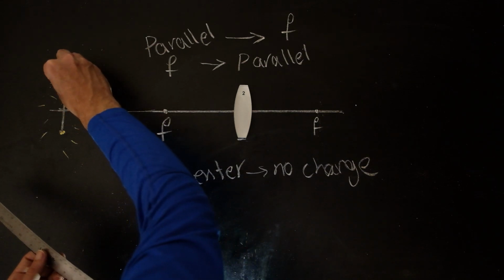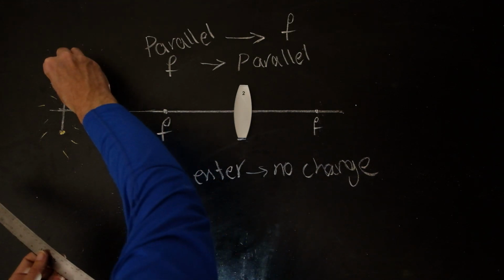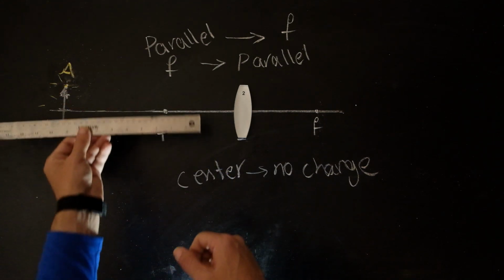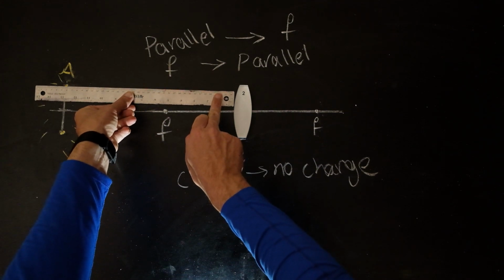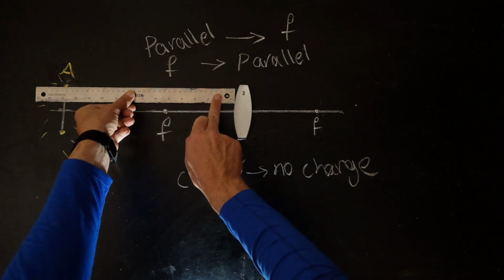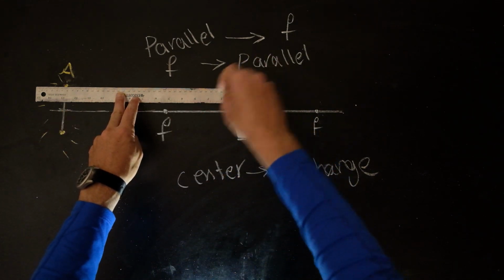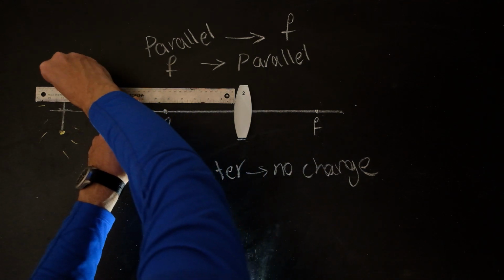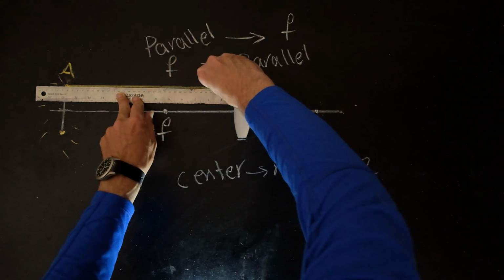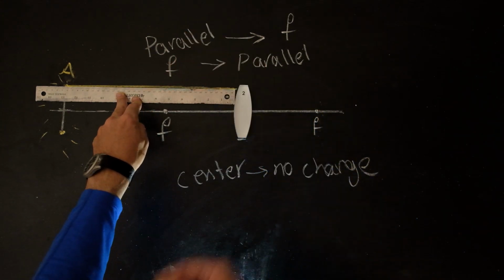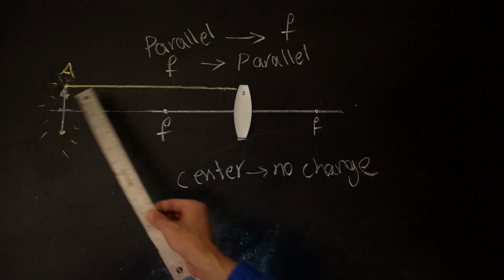Let's say this is point A. So for point A, this is parallel ray. So this is the main axis. I'm just drawing a line. Parallel. So this is first light ray.